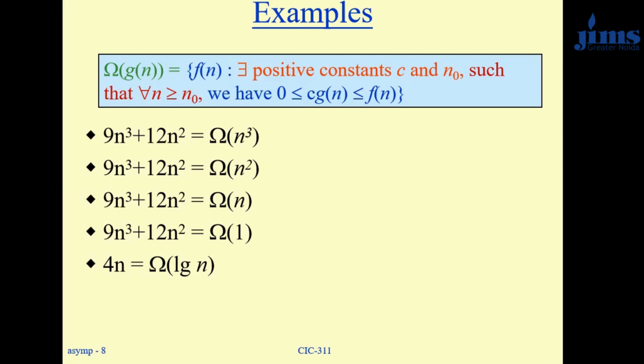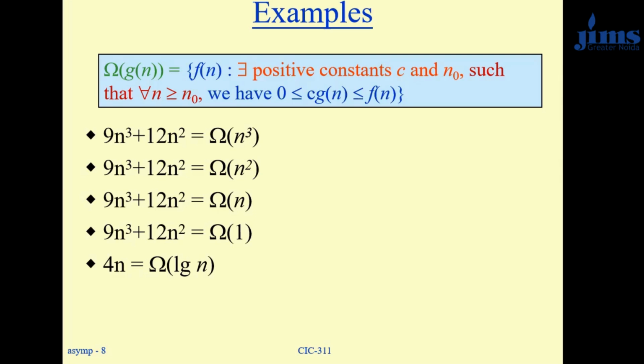So what are the set of functions that satisfy the criteria of omega notation? All the polynomials which have a degree lesser than or equal to 3 will satisfy the criteria of omega notation. So we can say that this function is omega of n³ also, omega of n² also, omega of n also, and omega of n to the power 0 also.